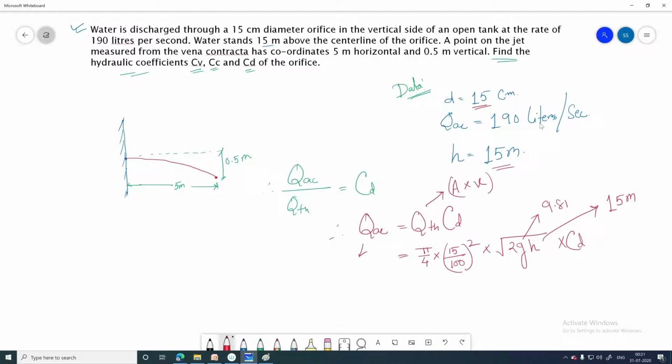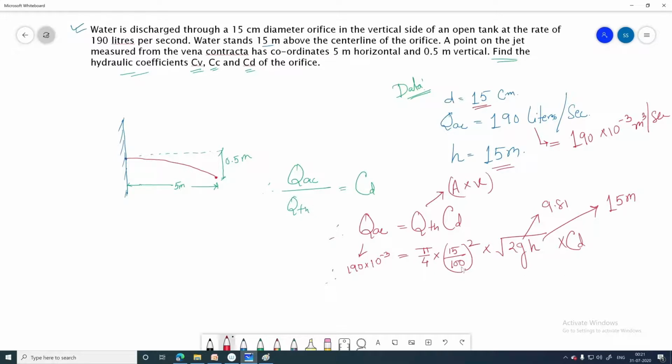You can convert this value into meter cube per second, and that will be 190 into 10 to the power minus 3 meter cube per second. I just put the value over here, 190 into 10 to the power minus 3.